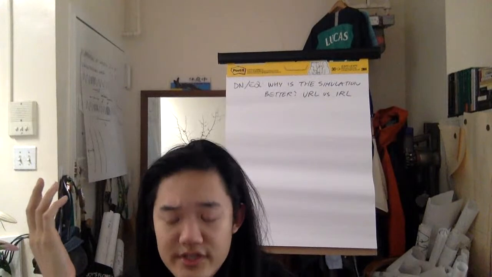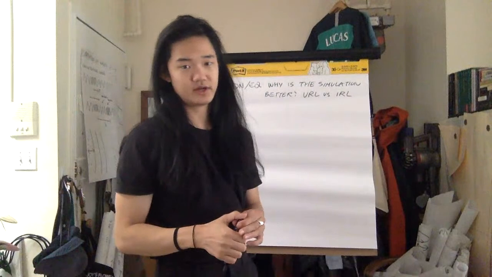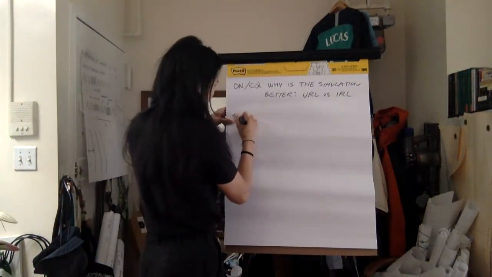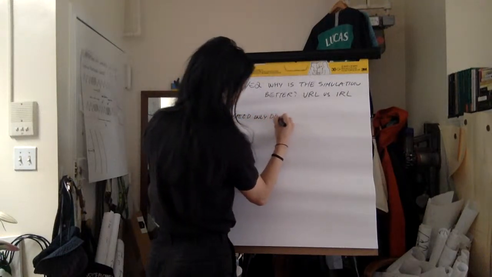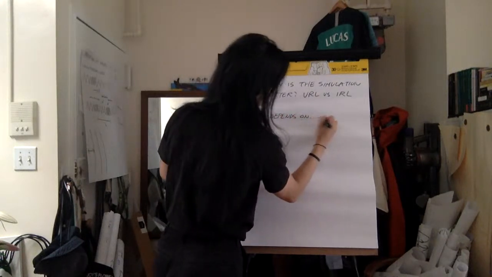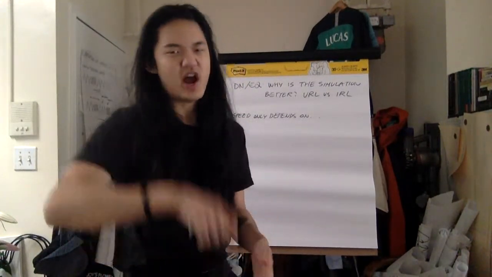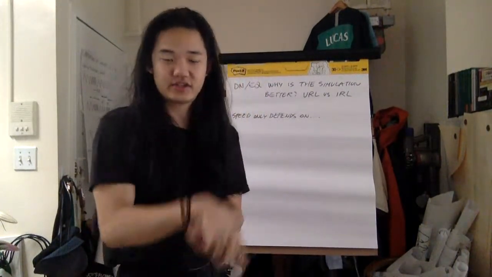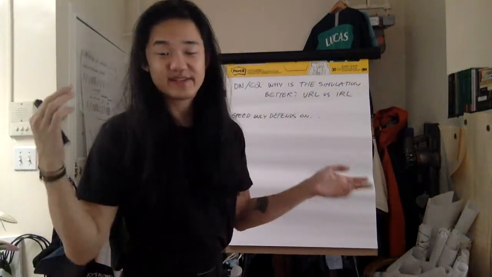There's nothing I can do to change my speed, because one of the big talking points that I want you to walk away with from this unit is that speed only depends on what, everyone? What does the speed depend on? I don't care how hard or how quickly or slowly I shake the rope. Whatever I do on my end of the rope doesn't matter.